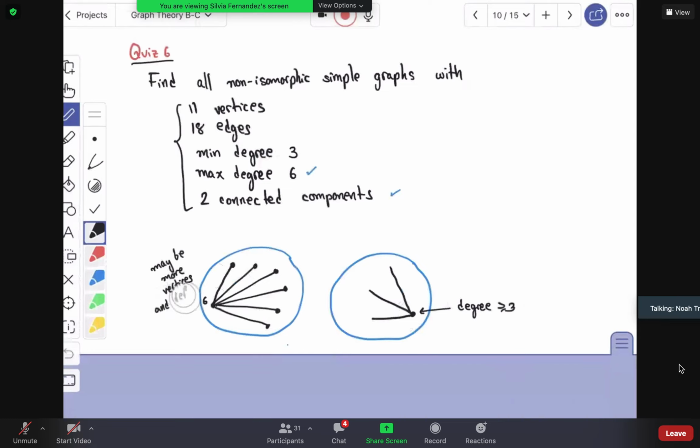Professor, I have a quick question. When it says max degree 6, does that mean it must contain a vertex with degree 6, or just that it can't contain a vertex with a higher degree? No, this means that it must contain at least one with degree 6, and all degrees are less than or equal to 6. Got it. I was confused about that part. I didn't know it was required, just that you couldn't go over it.